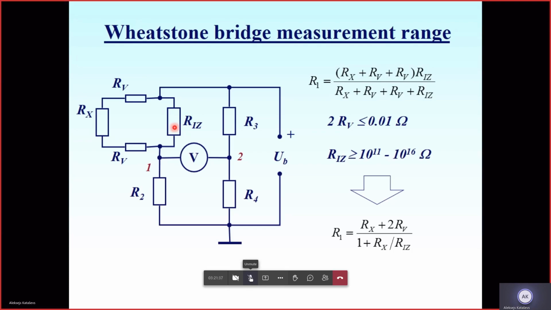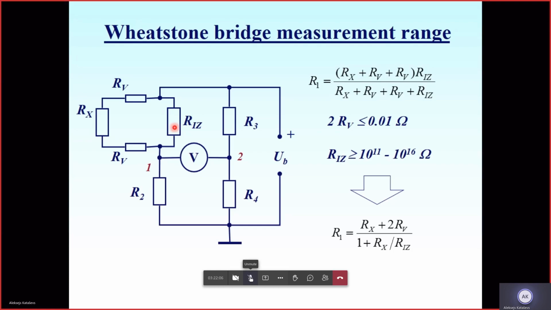Another aspect of why we take the isolation into account: let's imagine a printed circuit board, where we have two wires soldered one next to another. They are isolated by the board itself, but we always have some moisture in the air, and some moisture film on the printed circuit board. That may cause a very teeny current flowing between these two contacts.